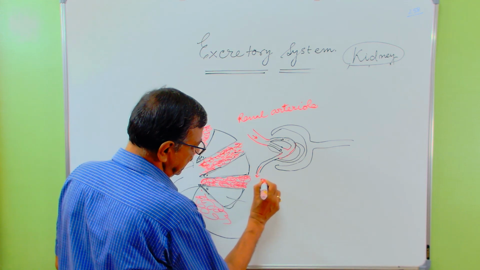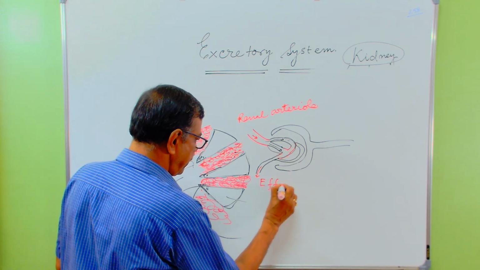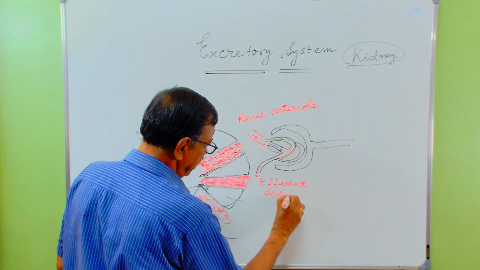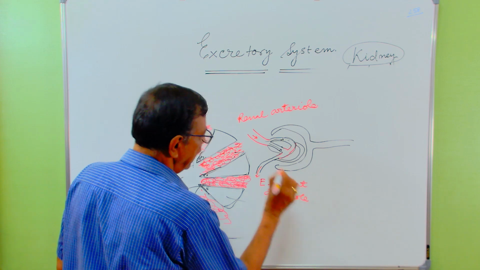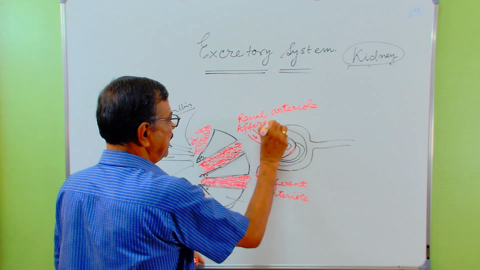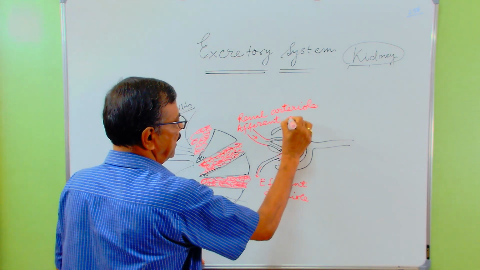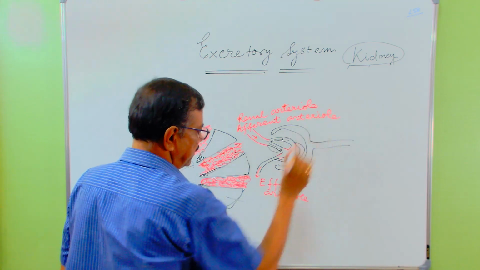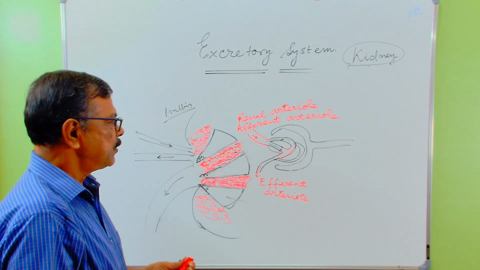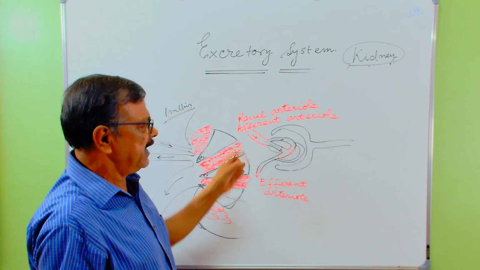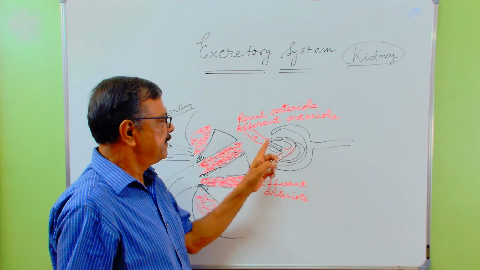This is known as the efferent arteriole, and this is the afferent arteriole. So we should write that the afferent arteriole invaginates, enters.